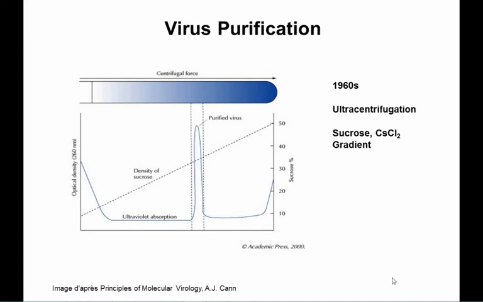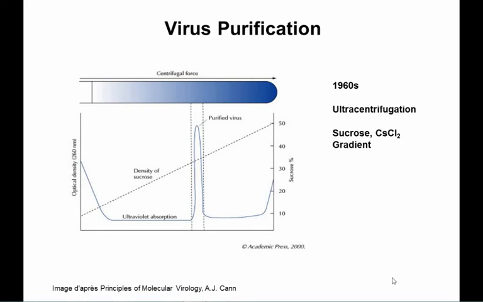So you layer this extract on the top of a gradient, sucrose or cesium chloride or some other kind of material. So you'll have a density gradient: high sucrose at the bottom, very dense, low sucrose at the top. And then you centrifuge this at 100,000, 200,000 g for 16 hours.